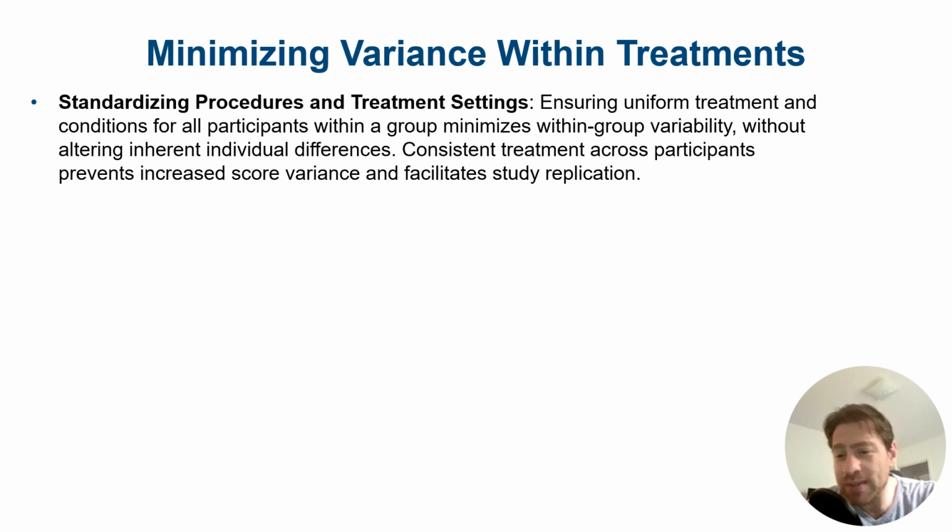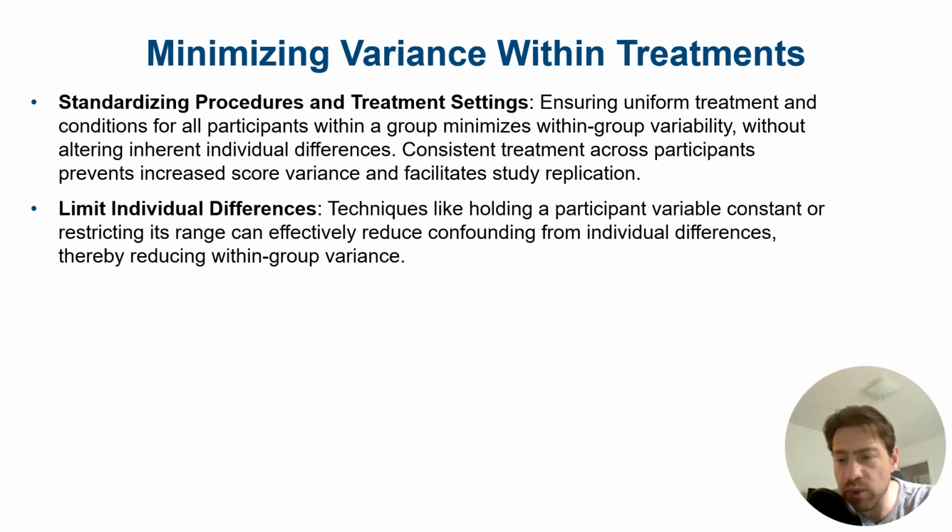If some people are tested in a quiet room and some people in a noisy room, that could affect their scores. And so if that's not what you're manipulating, you want to make sure that people are treated the same way. Because if they're not treated the same way, that can exacerbate the variance within your conditions.